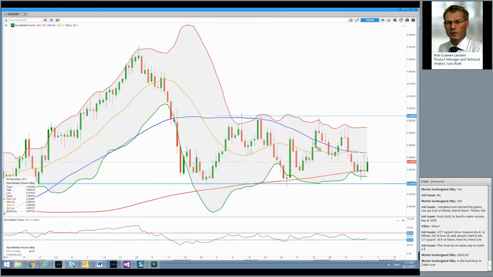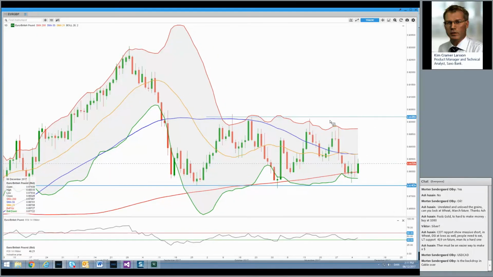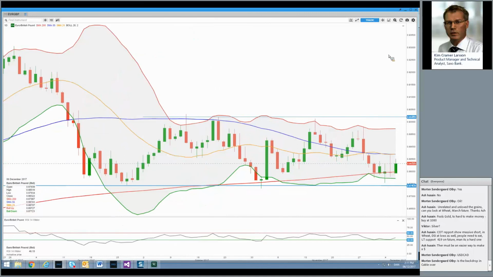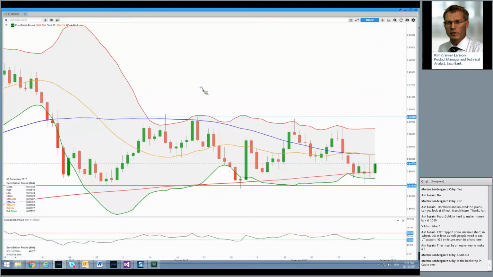And that is where we are. There is not really any direction. There are no clues, there's nothing. So it seems like it's bouncing here, so maybe we'll try to pick up again towards the .90 next couple of days.